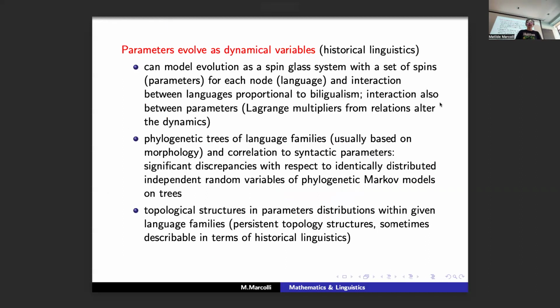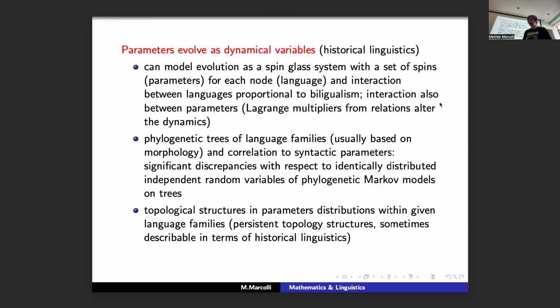Okay, so I just want to finish quickly what I was saying last time about syntactic parameters. I gave various examples regarding the structure that one can see in the data that are available about syntactic parameters.